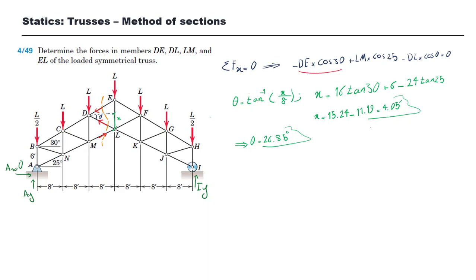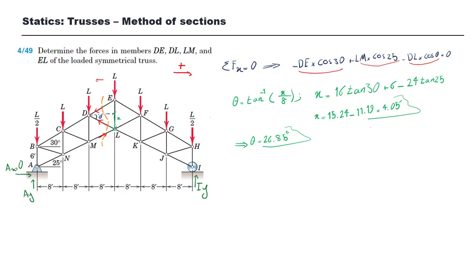We know already the amount of dE, and the horizontal component is dE cos 30, and it's negative because the direction is toward the left, and we assume that toward the right is our positive direction. And Lm cos 25, which we already calculated, is the horizontal component of it. And finally, our unknown is dl cos theta.